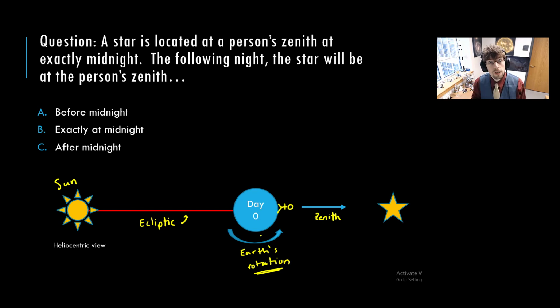Let's go out 24 hours later. Okay? 24 hours later, the Earth is going to be located at a new position. It's going to shift in its orbit by about 1 degree.